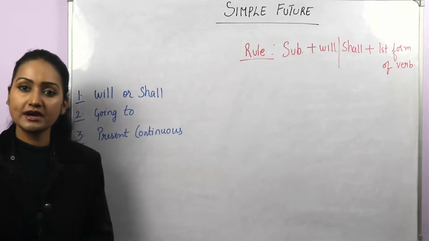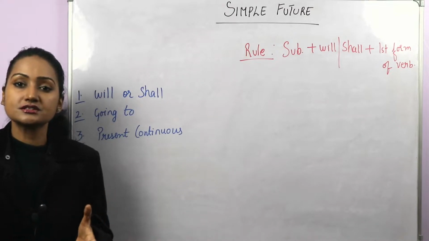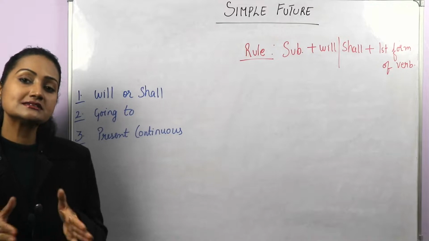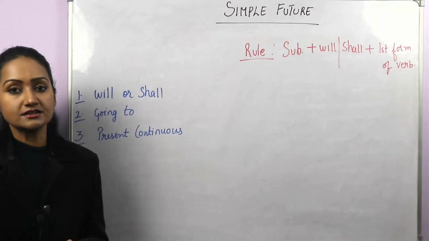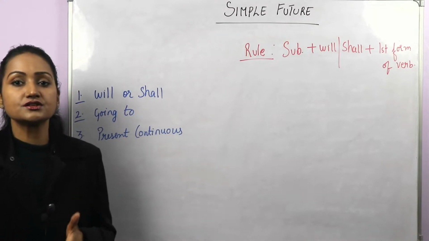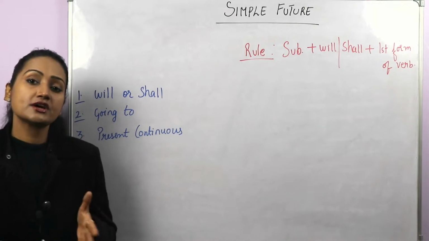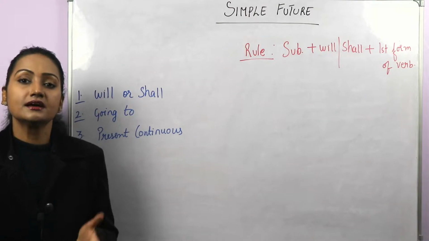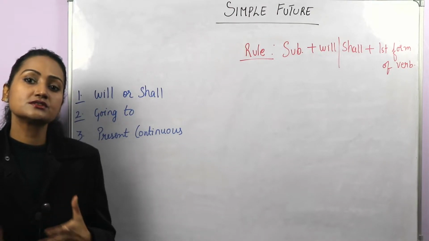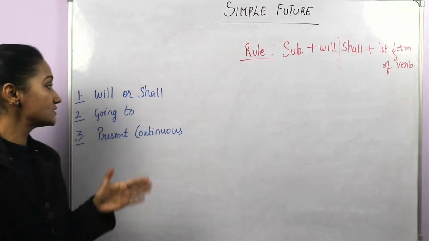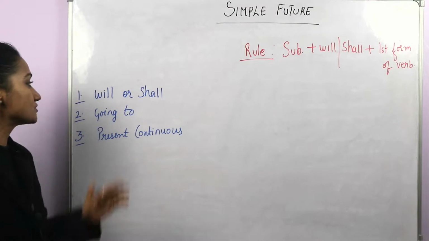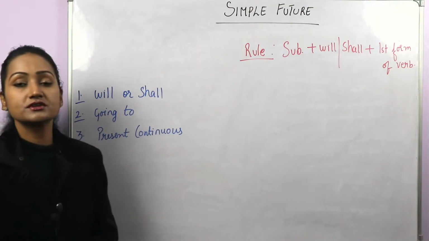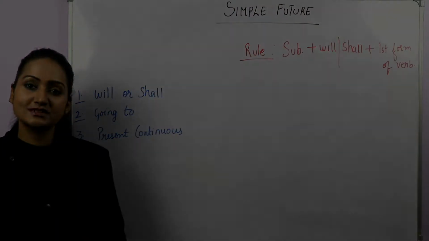You must be surprised to know that present continuous can also be used to talk about future, because till now we have understood that present continuous is used to describe actions which are happening right now, but it can be used for future. This is a new thing, so we are going to discuss that as well. But in today's video I'll tell about will or shall, and about going to and present continuous I'm going to cover in my next video.